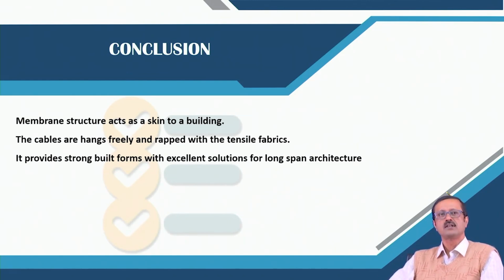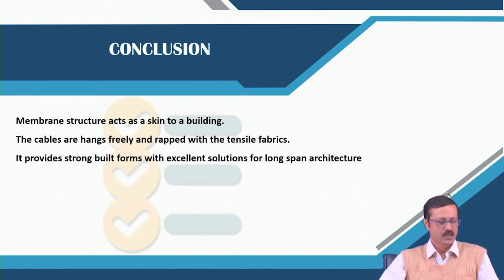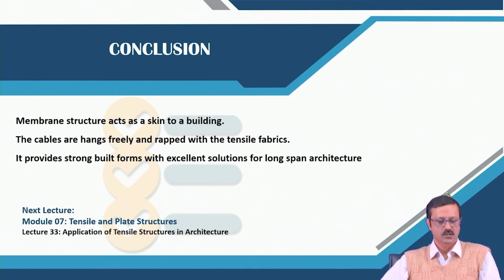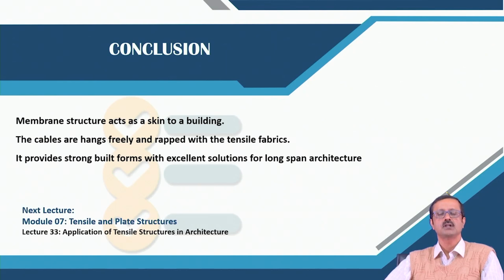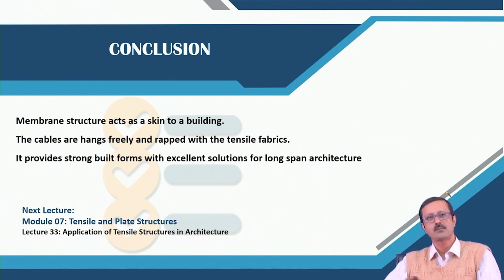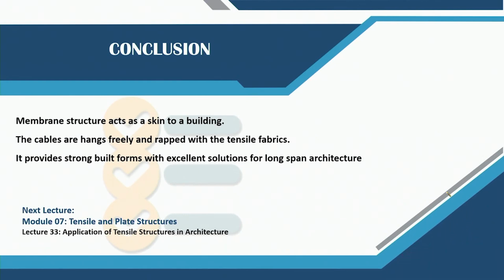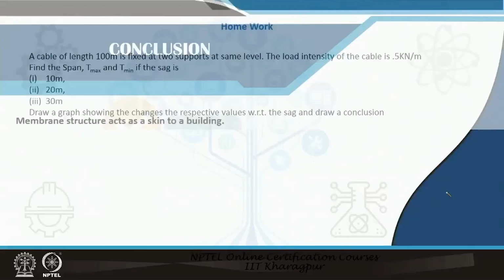It is definitely an excellent solution for long span architecture. In the next lecture we will go to the last part of the tensile structure, where we will do some more numericals, the applied form of numericals on tensile structure in architecture, and also discuss some real life examples of tensile structures by some famous architects.